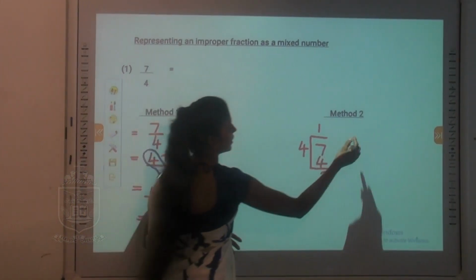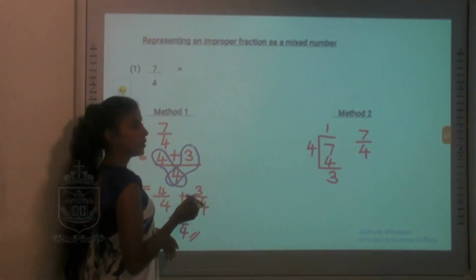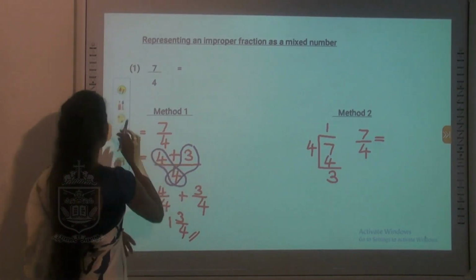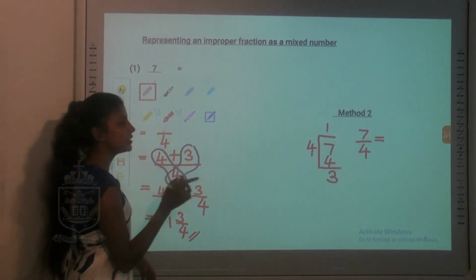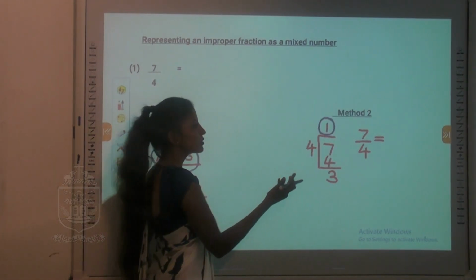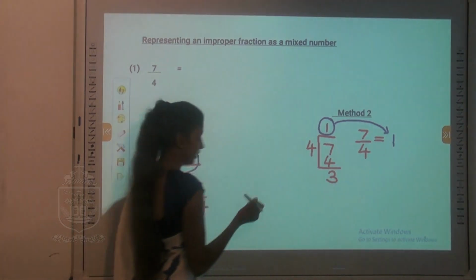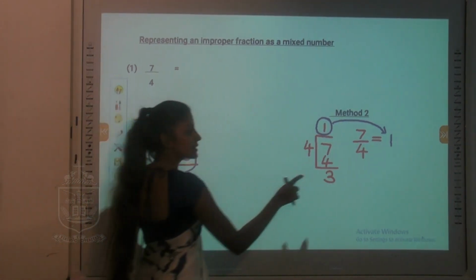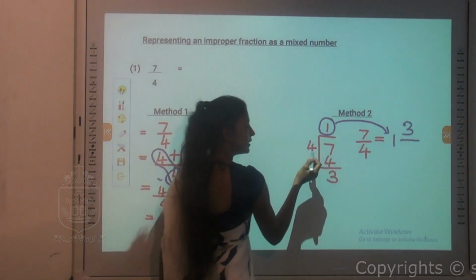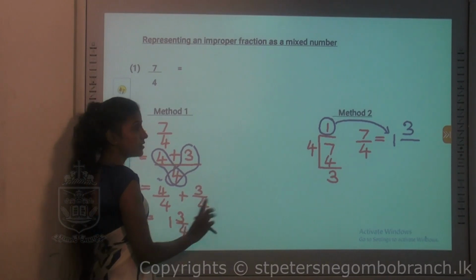Now our fraction is 7 over 4. When you are converting this into a mixed number, the quotient is the whole number part. So that quotient will come as the whole number, and the remainder 3 will come to the numerator, and the divisor will remain as the denominator.